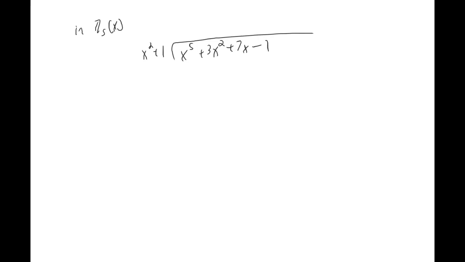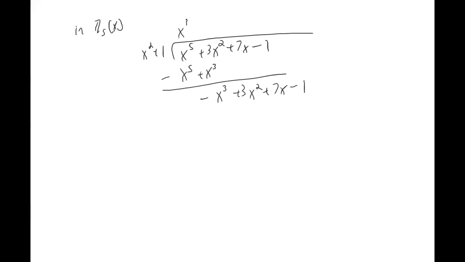So you do x cubed, so you get x to the 5th plus x cubed. If you subtract, you get negative x cubed plus 3x squared plus 7x minus 1.